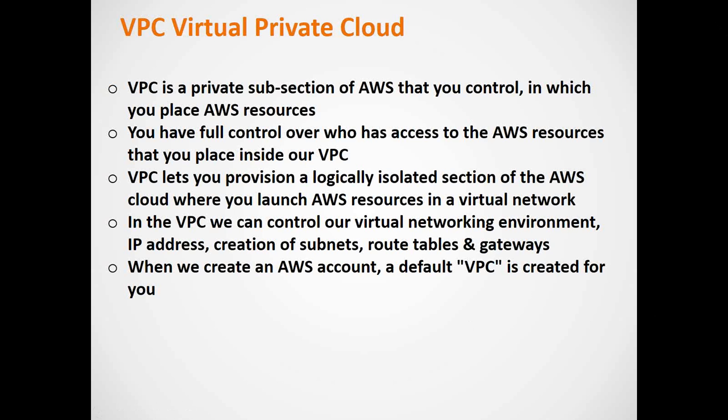And using the VPC, we will be able to isolate all the resources that we have specifically, so that it acts as a separate network. And if you want to access anything using those resources, you have to be inside that particular network or VPC, and then you will be able to use the resources.